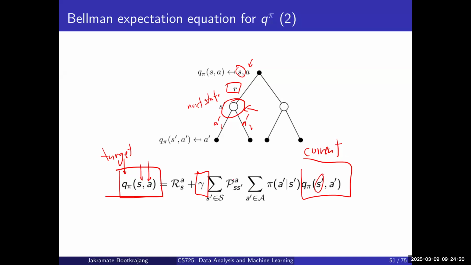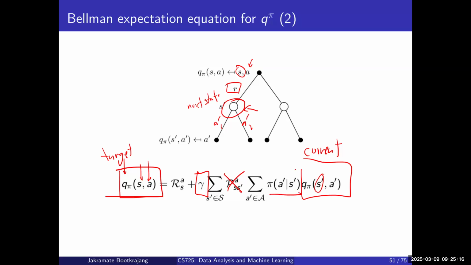Your action will make you reach the next state without any probability, so this term doesn't matter because we have a deterministic behavior. You make this action, you always go to this state. And this one is the policy.